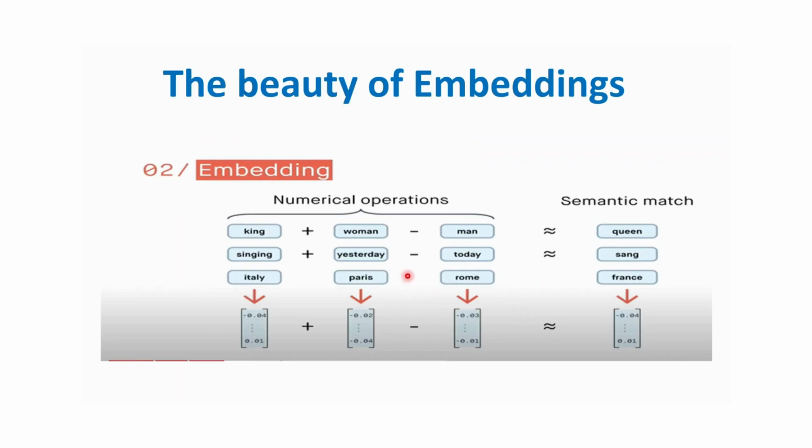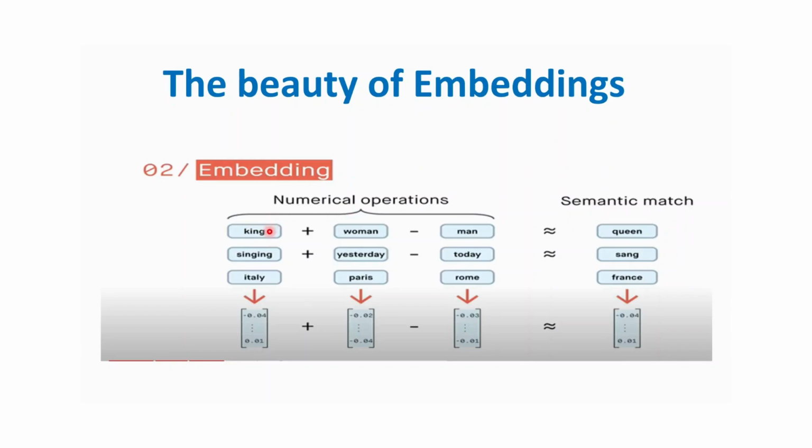The beauty of these embeddings is that you can do numerical operations on them. You can do addition and you can do subtraction. And while we do so, they also capture the semantic relationship inside. For instance, if we take the king embedding, we can create an embedding from the training document wherever the word king is associated with words frequently.